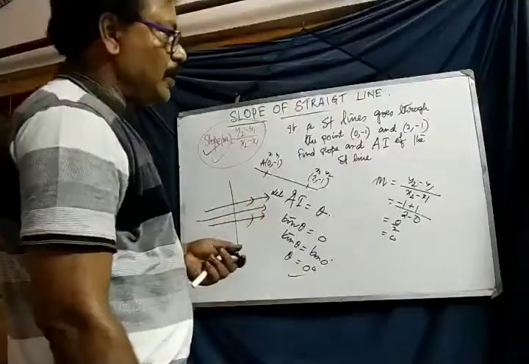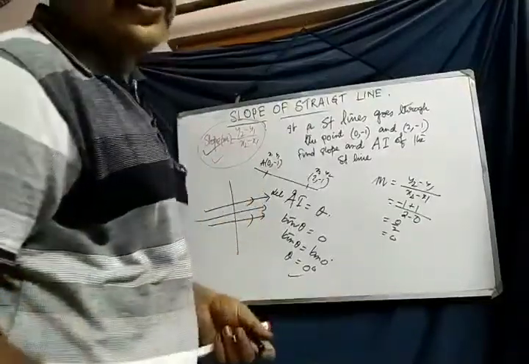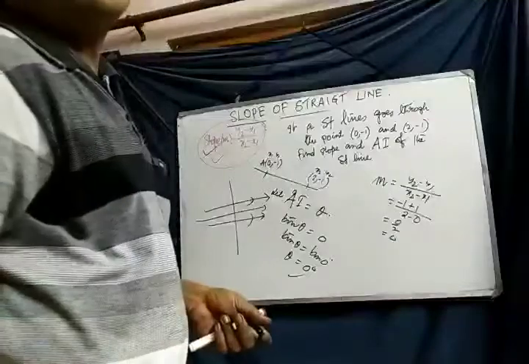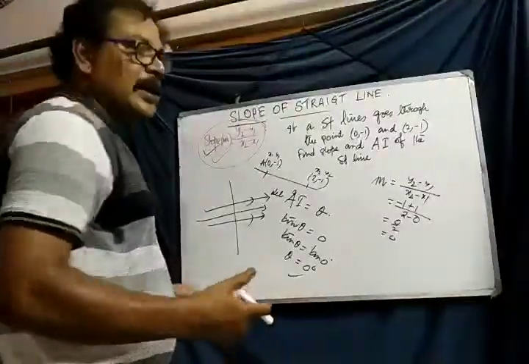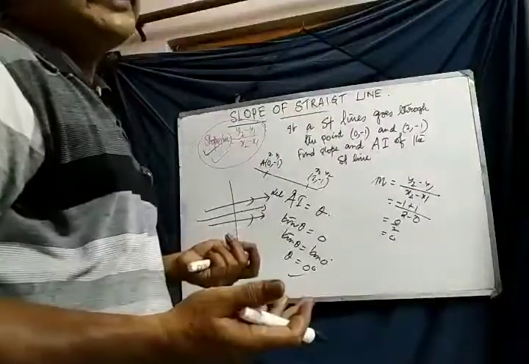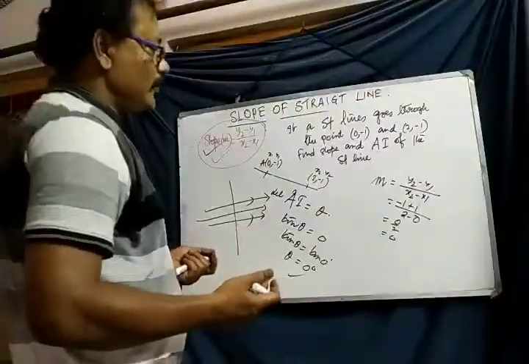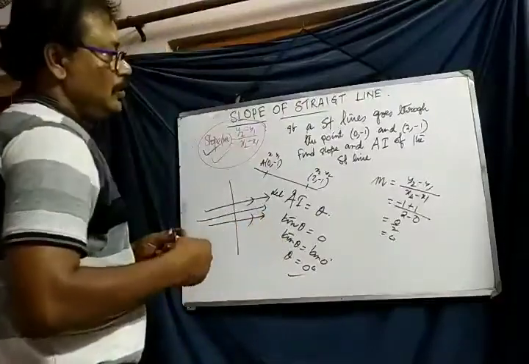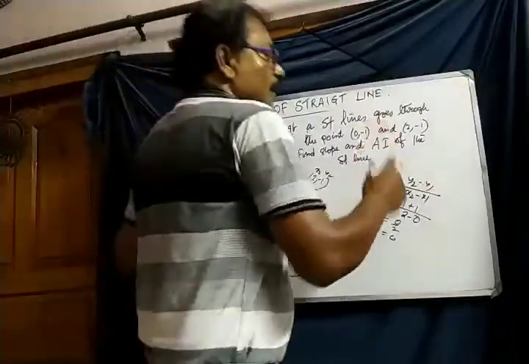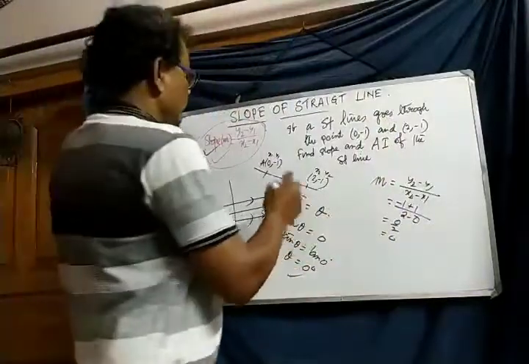If the angle of inclination is 0, then tan 0 is also 0, so the slope is also 0. Therefore, the slope of a straight line is always 0 if the straight line is parallel to x-axis.